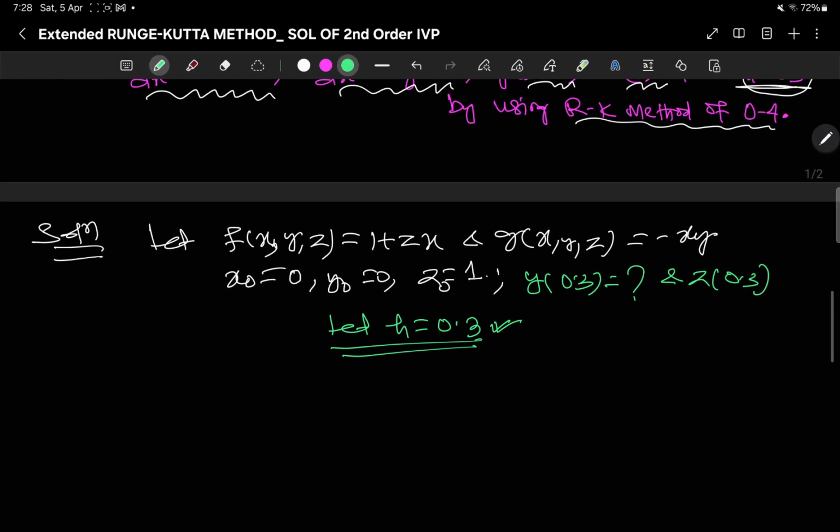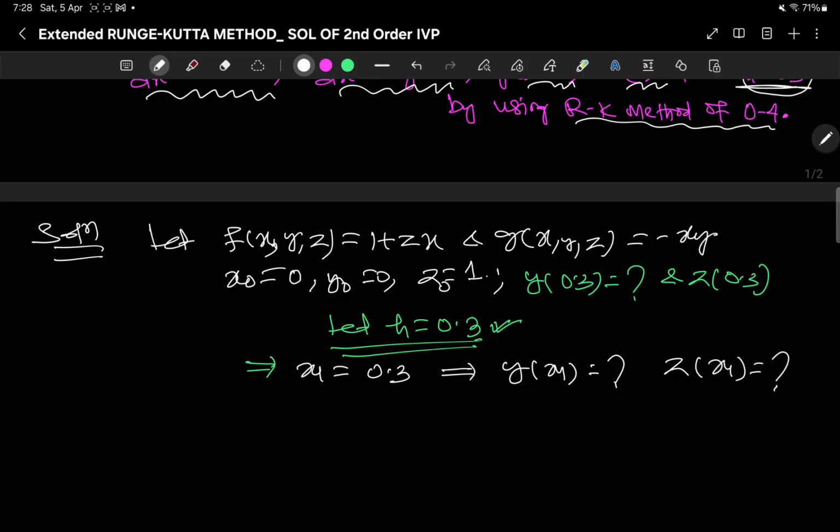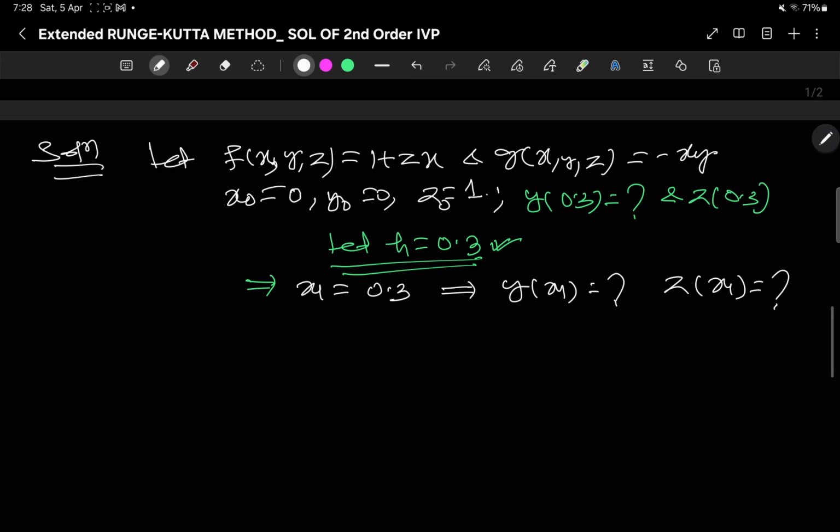So here h is equal to 0.3, which implies x1 will be 0.3. Accordingly we will compute y of x1 and z of x1. So this is our intention. Now we compute k1.